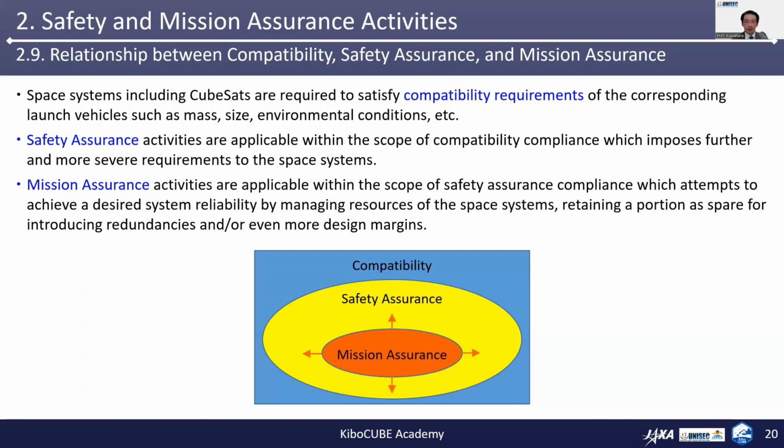So this relationship is illustrated in the diagram below. So your space systems need to fulfill these different kinds of requirements to be launched and to achieve mission objectives. As the satellite system resources are limited, comprehensive design trade-offs are indispensable to maximize the possibility and capability of mission assurance.